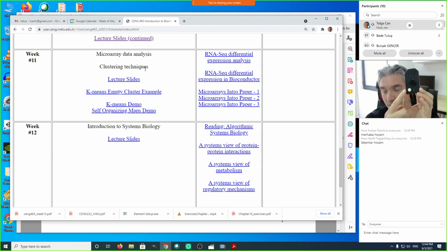What you do is after you create your sample that contains messenger RNAs in it, you extract messenger RNAs and then you amplify the amount of messenger RNAs by making cDNA, complementary DNAs.